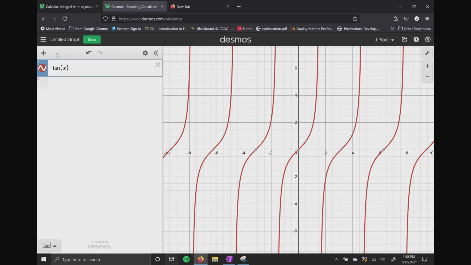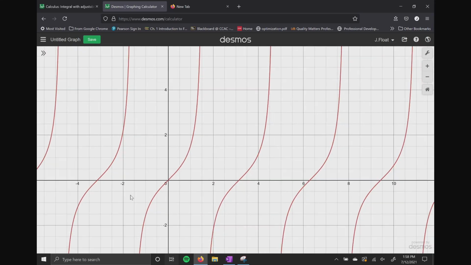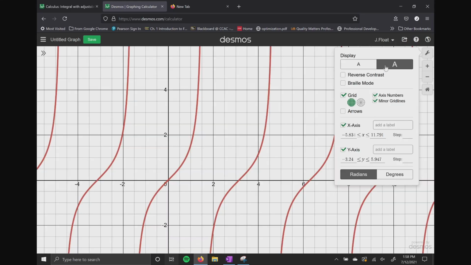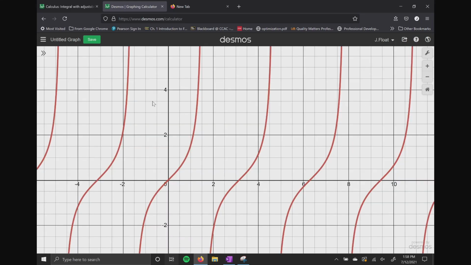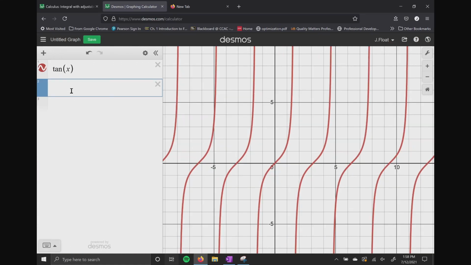Now, tangent x has this shape right here. But the thing that we have to be worried about is we do have these asymptotes at different intervals. What are those intervals again?